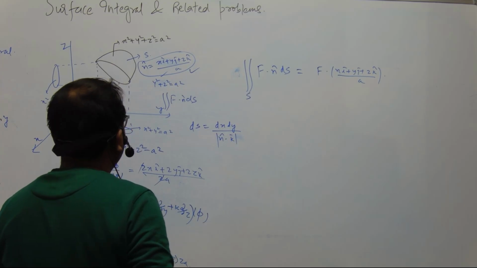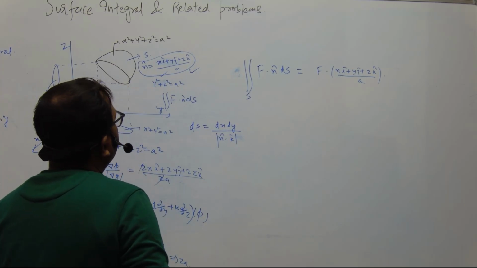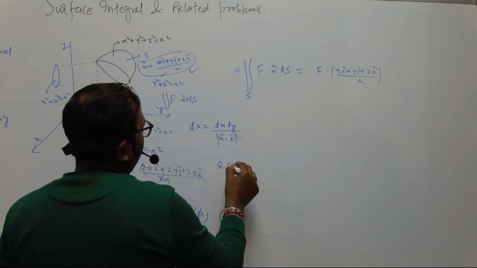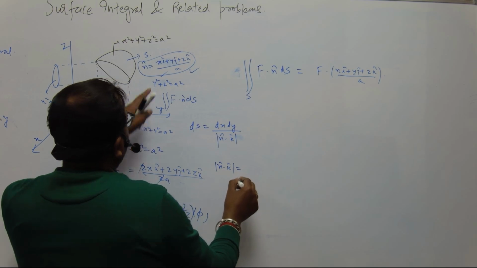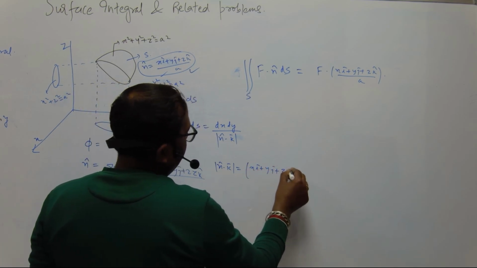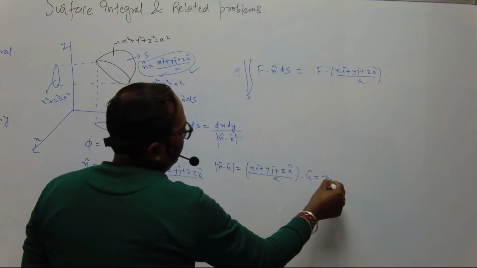So n cap dot k cap, where n cap is x i cap plus y j cap plus z k cap upon a, dotted with k cap, is equal to z upon a.